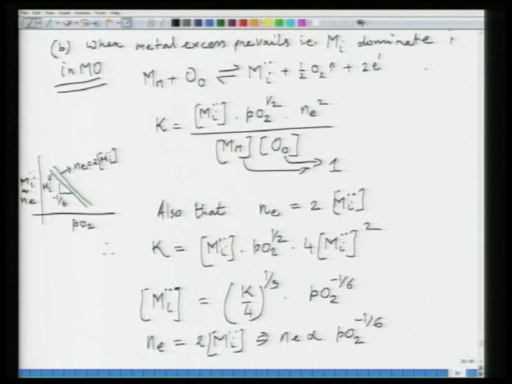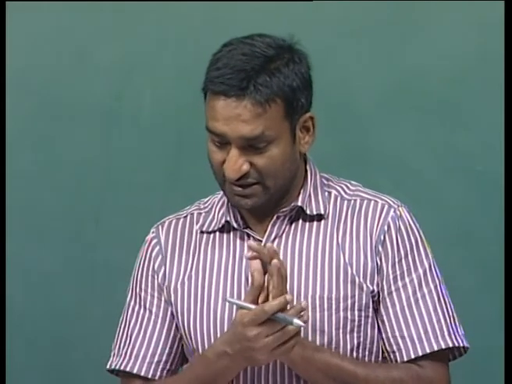Okay. So this is the case when you have oxygen deficiency, which means either oxygen vacancies prevail or metal interstitials prevail. In the next class, we will look at some other cases to work out the defect equilibria in these non-stoichiometric oxides. Thank you.